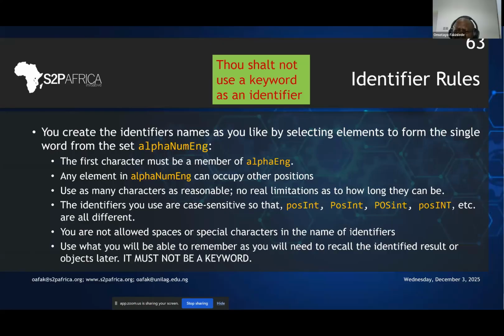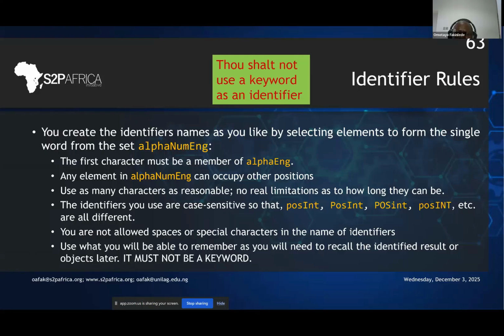No real limitations on how long they can be. The identifiers you use are case sensitive. So pos int in the four different ways we wrote it are different identifiers. So you must be consistent, because if you write it one way and then another way, it takes them as two different identifiers entirely. You are not allowed spaces or special characters in the names of identifiers.